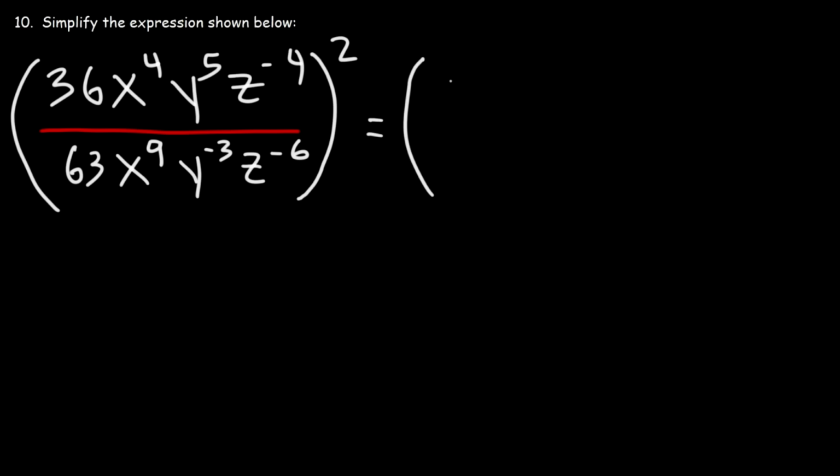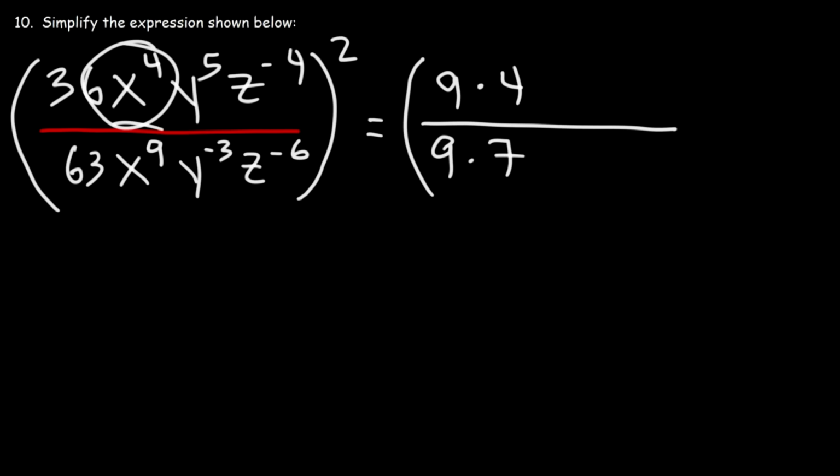Now I'm going to write 36 as 9 times 4, because 63 is also divisible by 9. I can write 63 as 9 times 7. Now, what is x to the 4th power divided by x to the 9th power? So whenever you're dividing, you need to subtract.